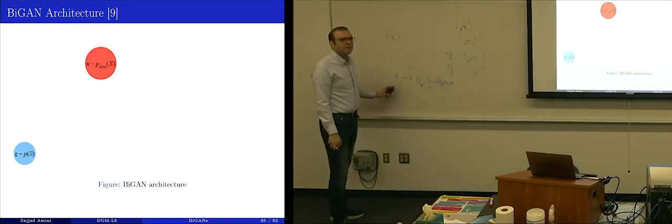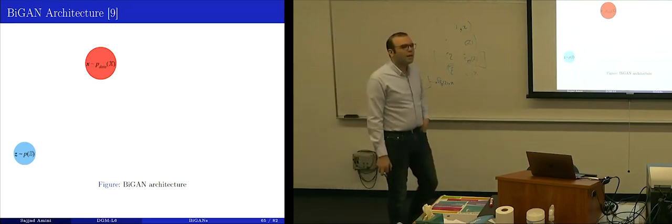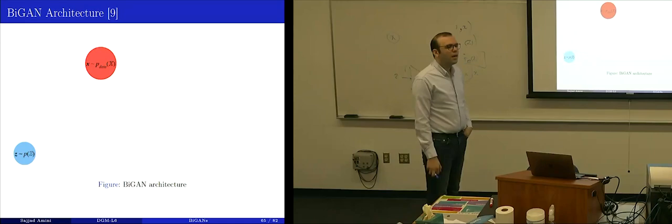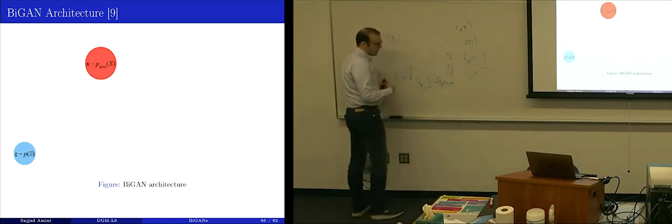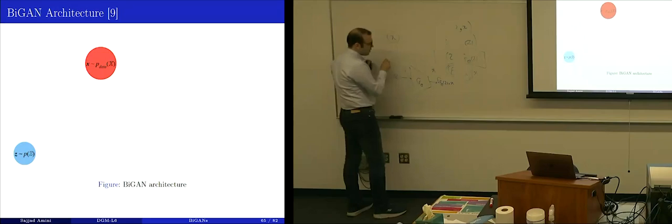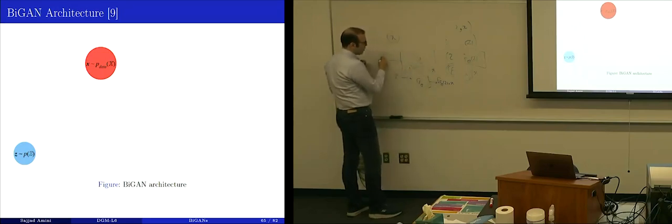Why can't you just sample z into the generator to get an image, and then do optimization with the target that you have? That would be an option. You mean putting x here and looking for a z that can generate that x.